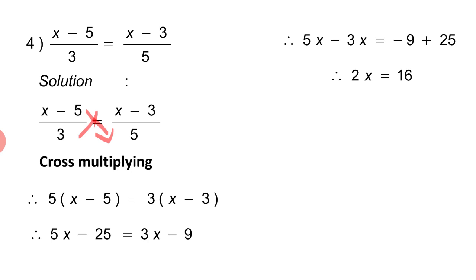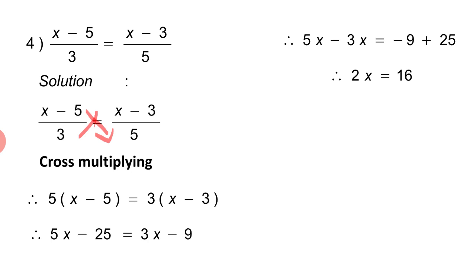Now this step is again dangerous for you people. You change the sign. Every time you have to keep in mind that 25 is transposed, so it was minus, so it will become plus. Minus 9 will remain as it is. Is it clear? So now 5x minus 3x will be equal to 2x and minus 9 plus 25.